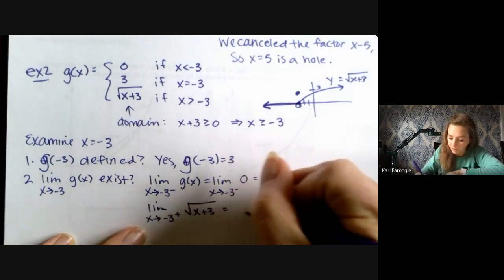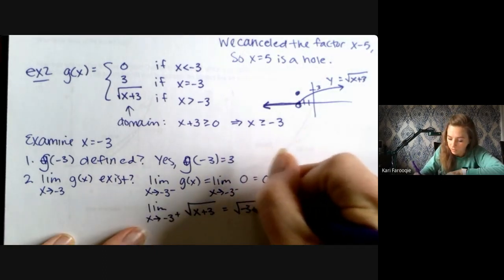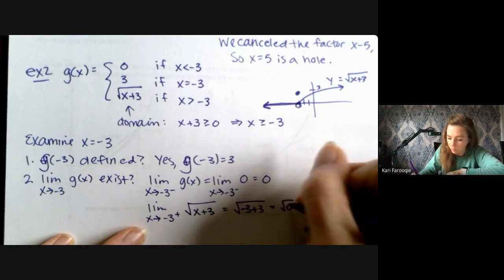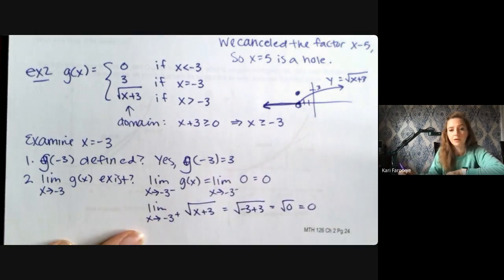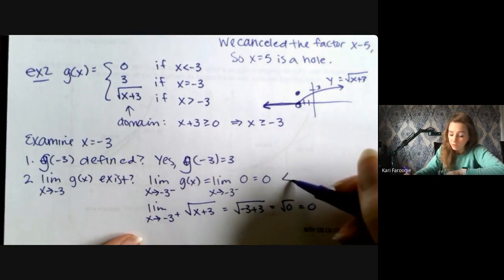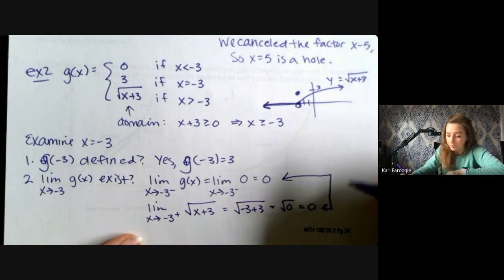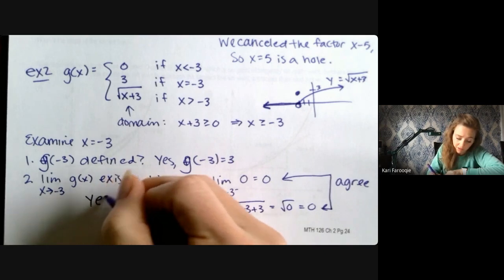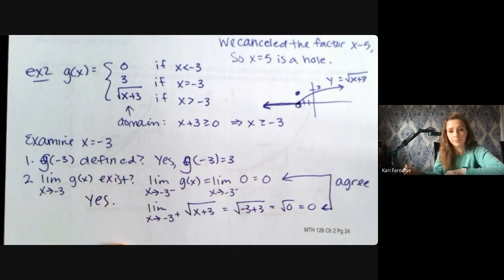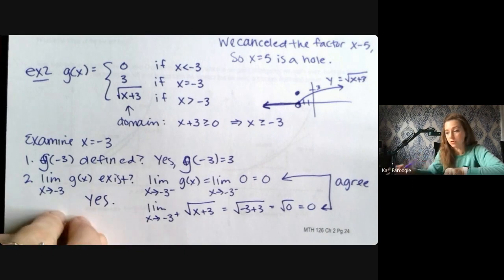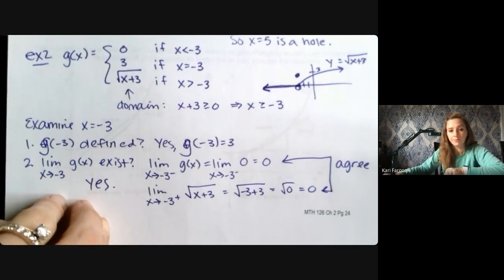And then when we evaluate this, the square root of -3 plus 3 is the square root of 0, which is 0. Well, the one-sided limits agree. So I would have to say, yes, the limit exists.